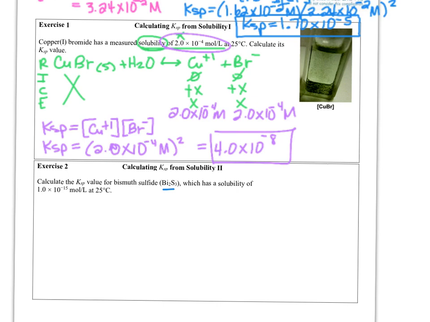So when you solve for this one, set it up with your RICE table, plug it into your KSP expression, and hopefully, if you do your math correctly, you should get 1.1 times 10 to the negative 73. Yes, negative 73. Super duper tiny. That tells you the solubility of this is almost non-existent at this point. All right? So I want you to try this one on your own. Make sure that you have that one completed when you submit your notes to me, because I'm going to be checking that.